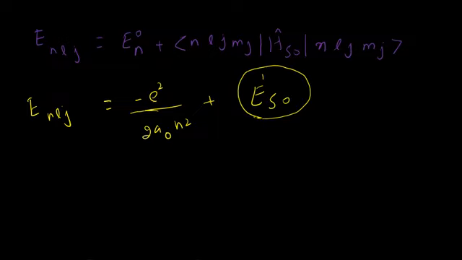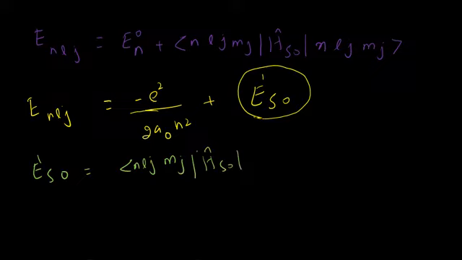This energy term can be calculated by using perturbation theory. According to perturbation theory, the first order correction to energy is equal to <n l j m_j| the spin-orbit coupling Hamiltonian |n l j m_j>.